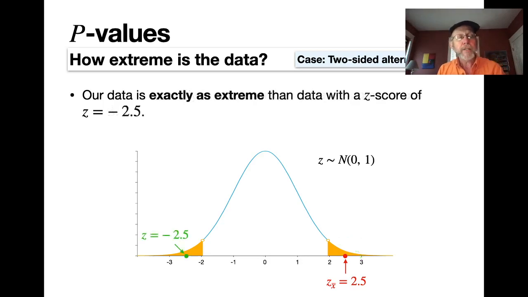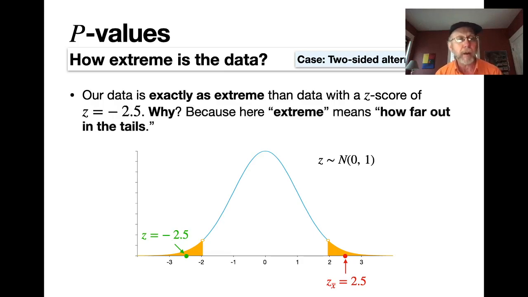Consider a z-score of negative 2.5. We would consider this precisely as extreme as our z-score of 2.5. Why? Well, it's because it's exactly as far out in the tails, right? A z-score of negative 2.5 is exactly as far out in that left tail as a z-score of 2.5 is out in the right tail.